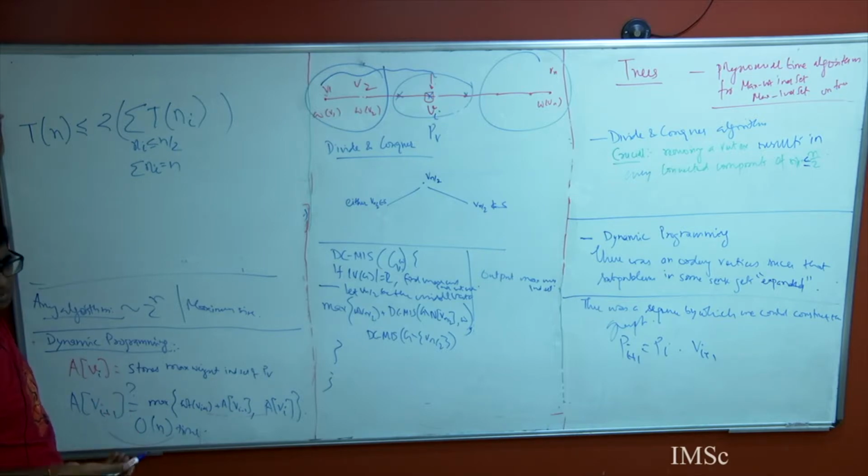This is exactly what, right? I have to run twice on each of those components. So this is the running time of my algorithm. Do you know how to prove this is polynomial or not?